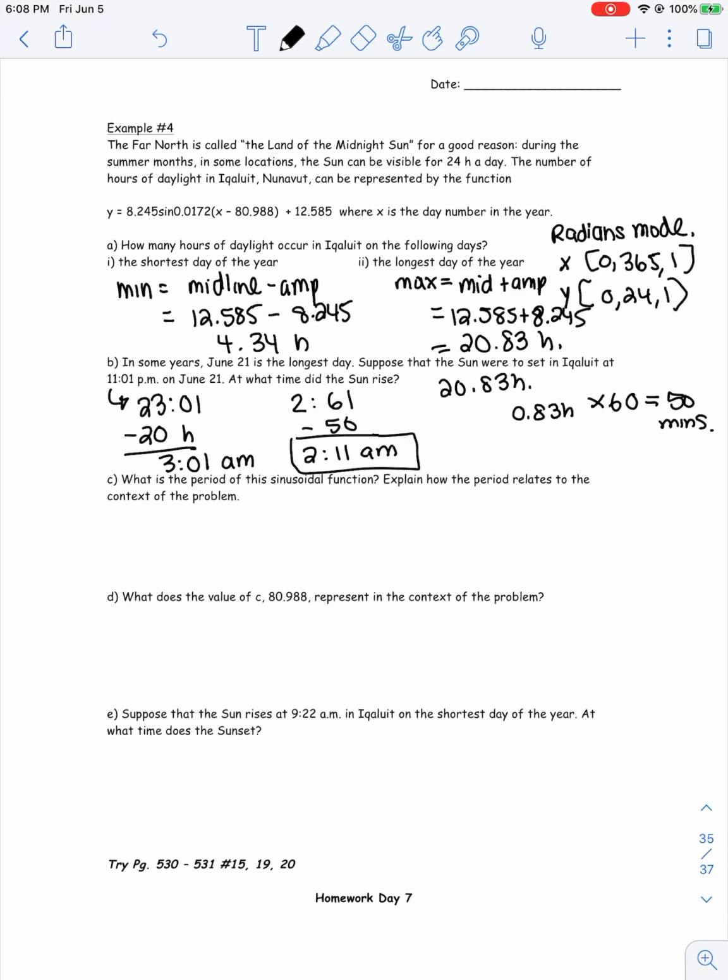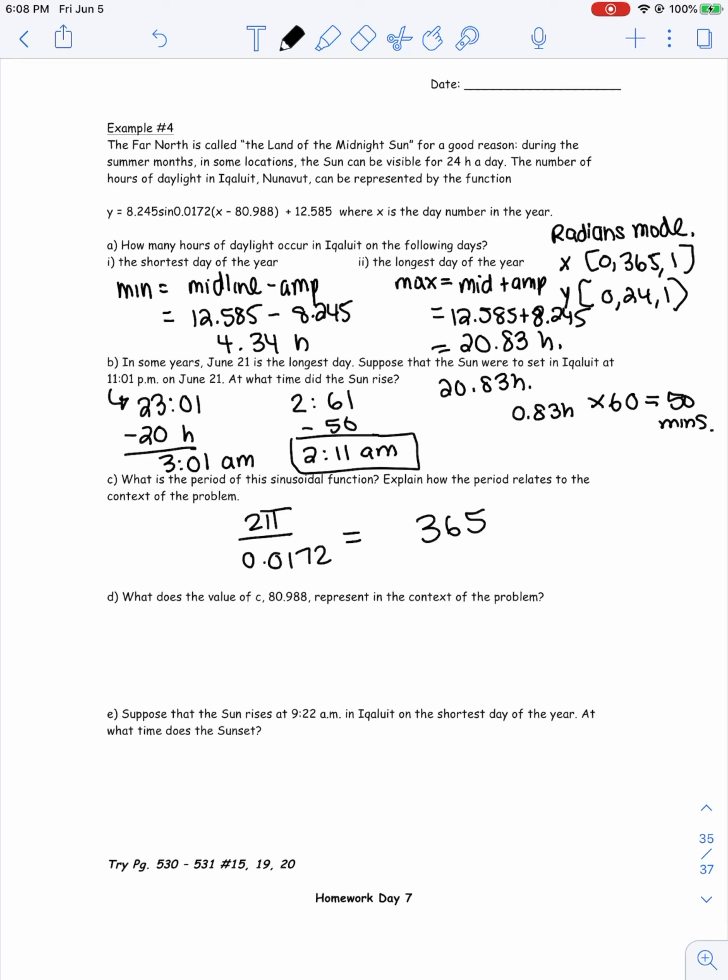What is the period? The period in this case is where you take 2 pi divided by your b value. Our b value is the value right after sine, which is 0.0172. If you put that into your calculator, it's approximately equal to 365, which means that this is the rotation of the Earth. So this is what the period is. How does it relate to the context of the problem?